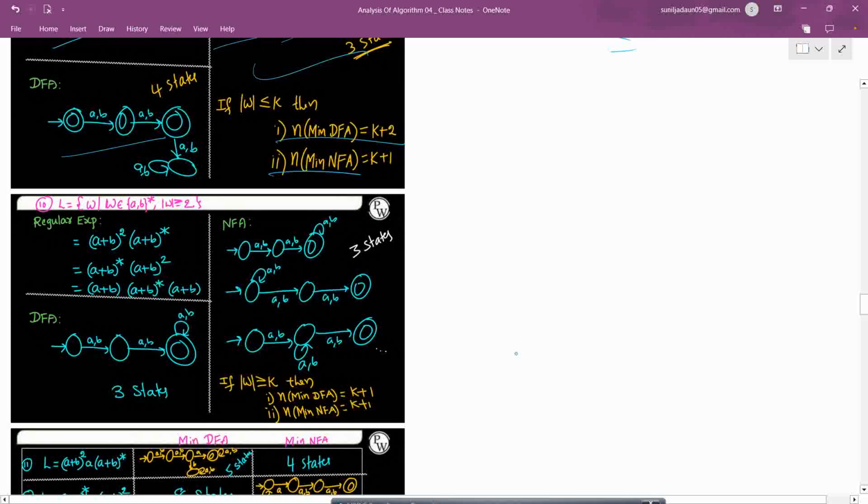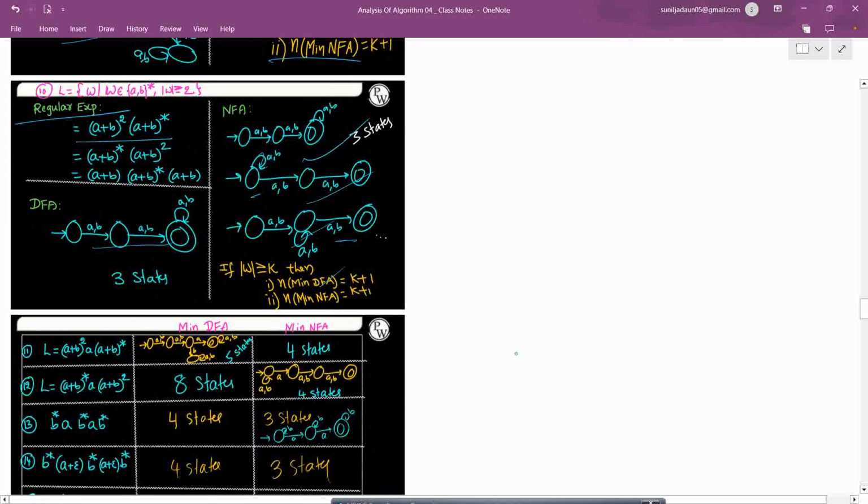Now again, what we are, regular expression this, 2 length, this, 2 length, and whatever we are doing that, this would be possible, this could be possible, this could be possible. So we are free to choose the loop here. 3 states are required.